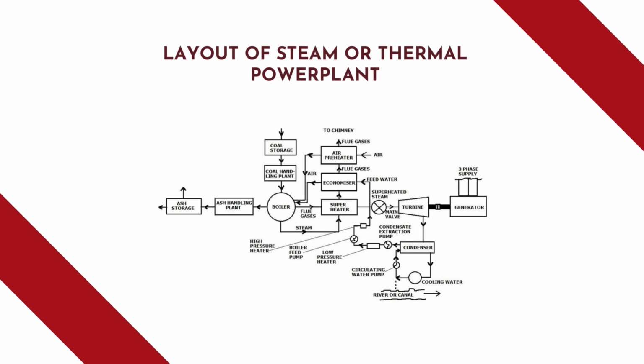So, using these various components like economizer, air preheater, coal storage device and coal handling devices, we can increase the efficiency and we can increase the work done by the steam power plant. So, this is an elaborated view where we can see the various minute components used in a steam power plant or thermal power plant.